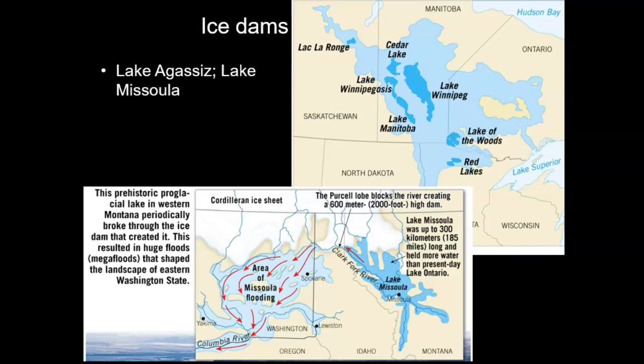And an example of the remnants from proglacial Lake Missoula is Flathead Lake. Other features that can be observed from the flooding of those lakes are things like large ripples and scablands, and then sediment deposits that can be found from both of those lakes' floods. An area in eastern Washington called the Scablands shows the marks from the work done by Lake Missoula floods, as we'll see in the next slide.